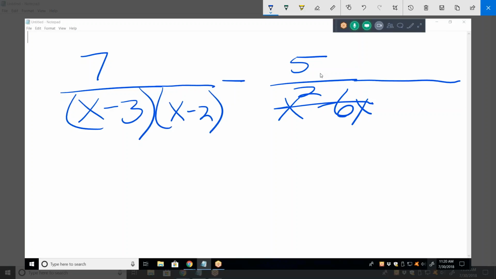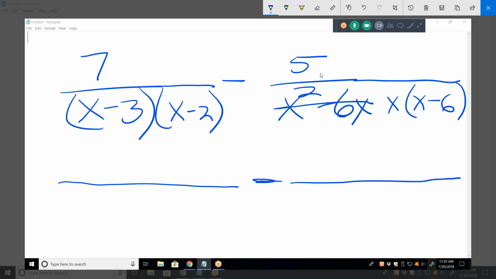X times what? X times x minus 6. Okay. Now, I've got two fractions with two different denominators. So what is my common denominator going to be? X minus 6. You have to multiply the two denominators.